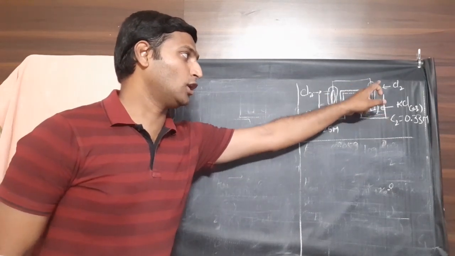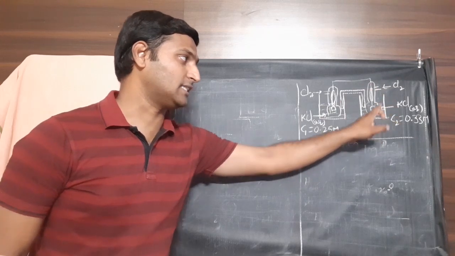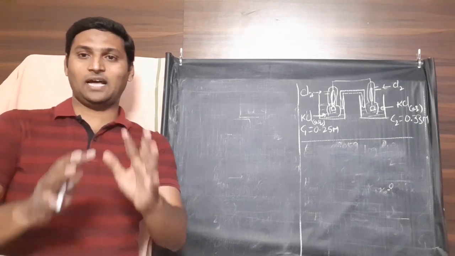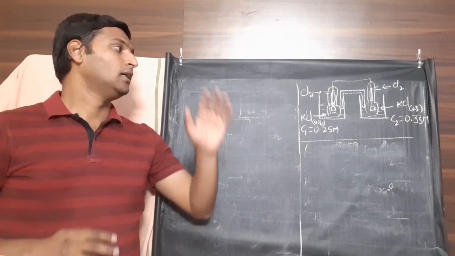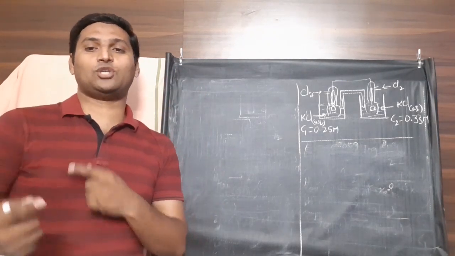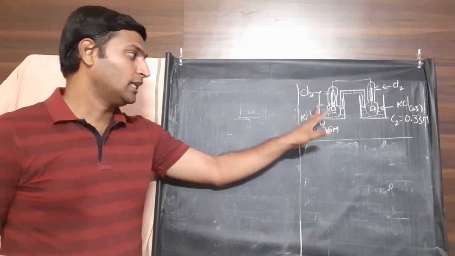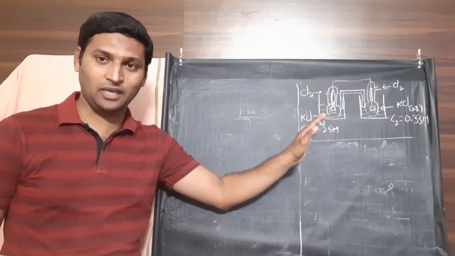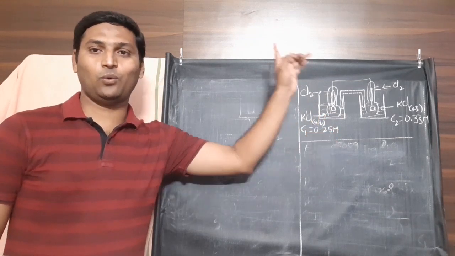And in another electrode, chlorine gas is passed into a solution of KCl containing concentration 0.33 molar. Now I'll ask you a question. Listen to the question, pause the video, try yourself and come back. Two different concentrations are given here. Now please assess and tell me which will act as anode, which will act as cathode.